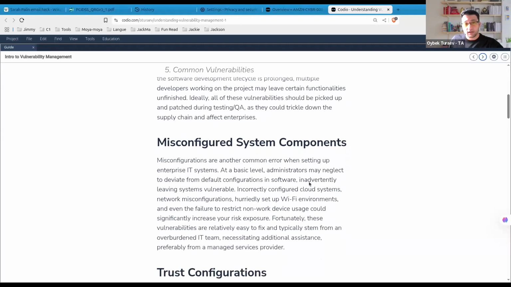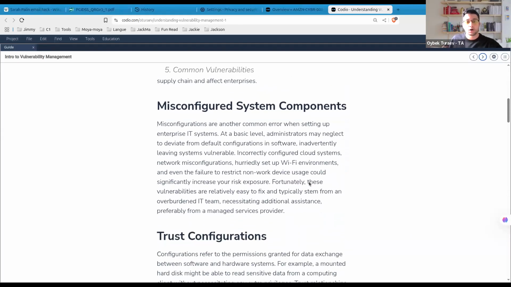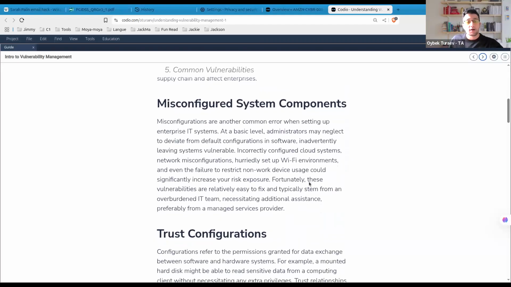And also, we have misconfigured system components. Misconfigurations are another key hot problem of today's IT world, because whenever we see default configurations, as a cybersecurity professional, we need to change them. However, most of the time it stays the same as the default.